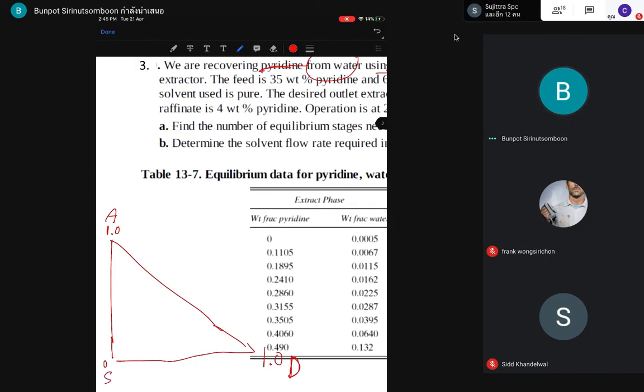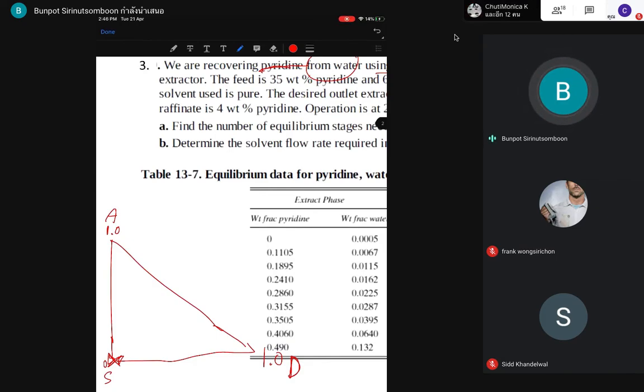At the top angle right here you have 100% solute, and at the bottom right angle you have 100% diluent, and at the 0 point here you have 100% solvent.